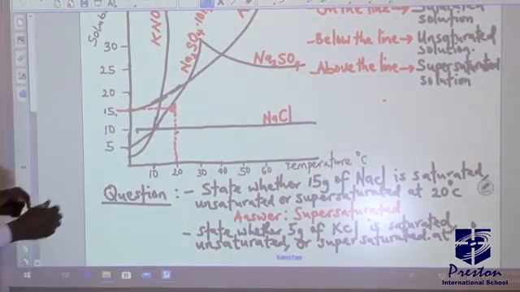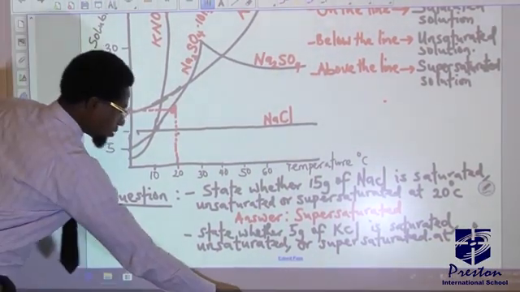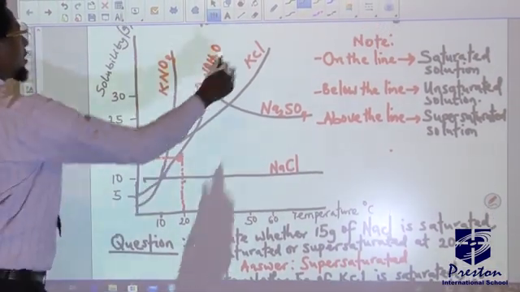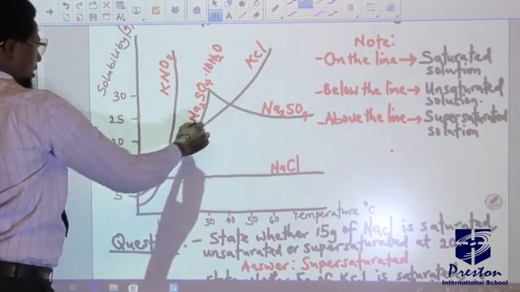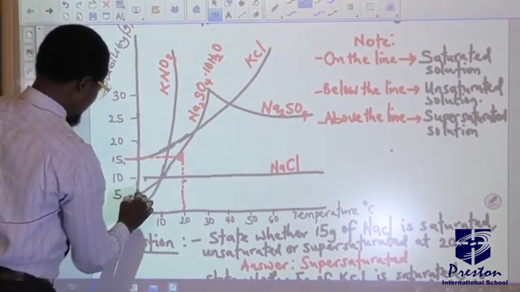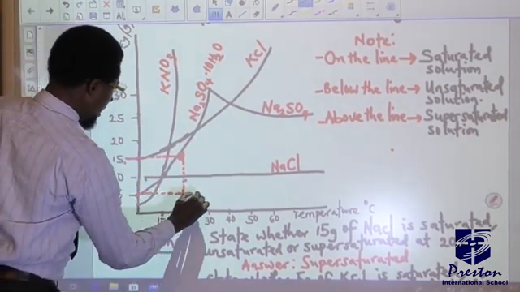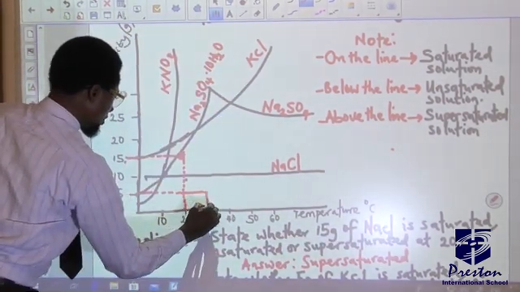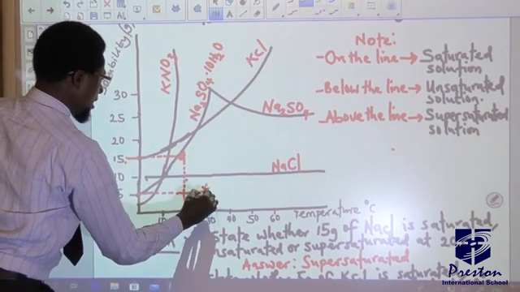Let us trace 5 grams of potassium chloride. Where's the line for potassium chloride? This is our line for potassium chloride. Then where is 5 grams? These are 5 grams. Then we trace it to 30 degrees Celsius, which is what is written in the question. So this is where the two of them meet.